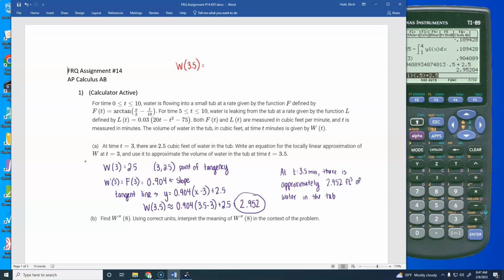So if I'm looking for W of 3.5, I know W of 3, right? I know my starting amount. At W of 3, I've got 2.5 cubic feet. So if I want the exact amount at 3.5, what could I do?